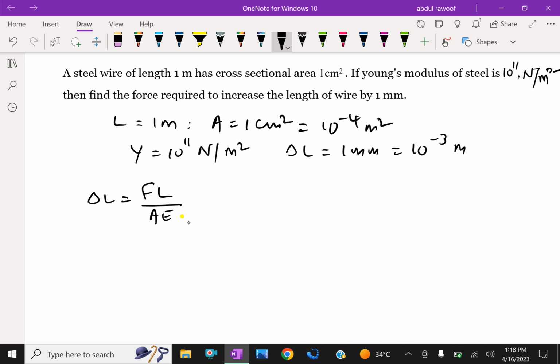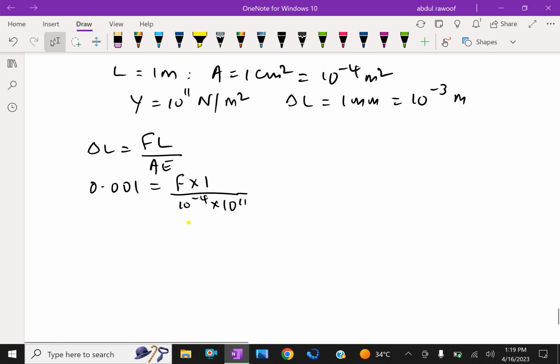Here, the delta L is given 0.001 meter equal F, the force we need, times length 1 meter over cross-sectional area 10 power minus 4 into Young's modulus, which is 10 power 11 Newton per meter square.